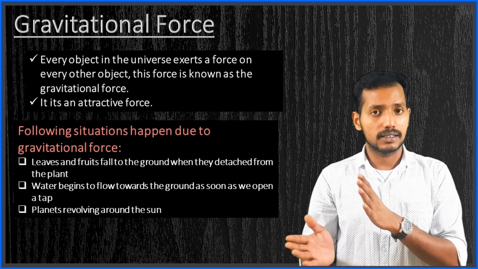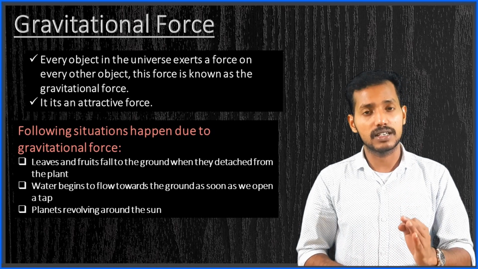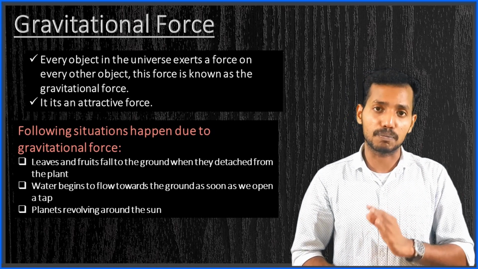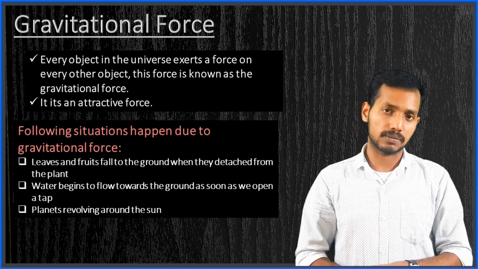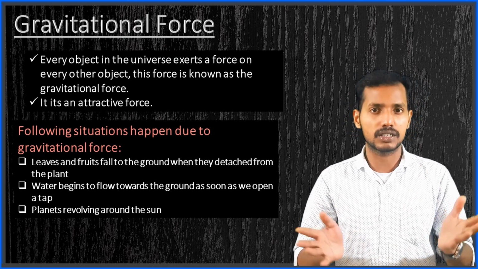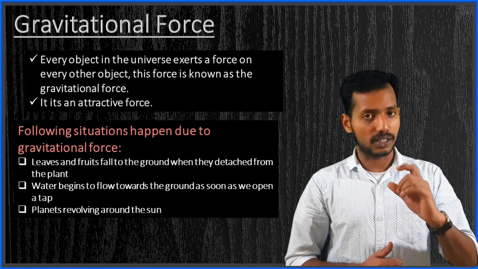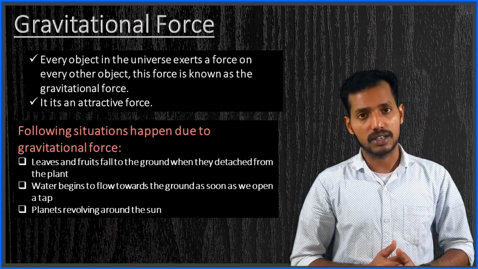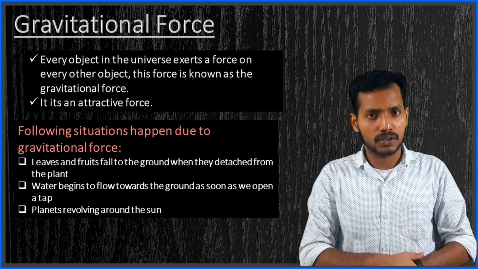And unlike electrostatic force and magnetic force, gravitation is an attractive force. There is no repulsive gravitational force. Every object in the universe is attracted by another object with a force called gravitational force. The necessary condition is that the object should possess some mass.